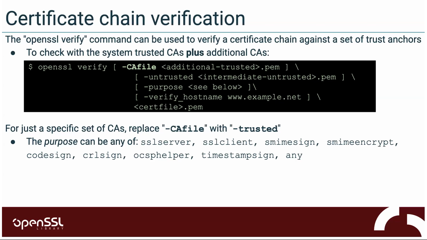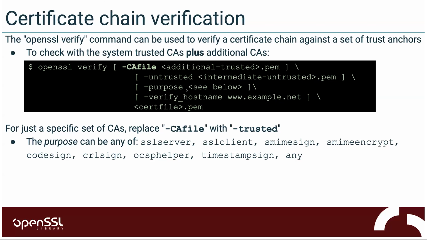The system trust store may have only the root CAs. The certificate you may want to check might have only the identity certificate, but the required intermediates may be nowhere to be found unless you provide them explicitly. So the -untrusted option lets you provide a PEM file with some additional certificates that may be necessary in order to link the certificate to the trust anchors that are trusted system-wide.